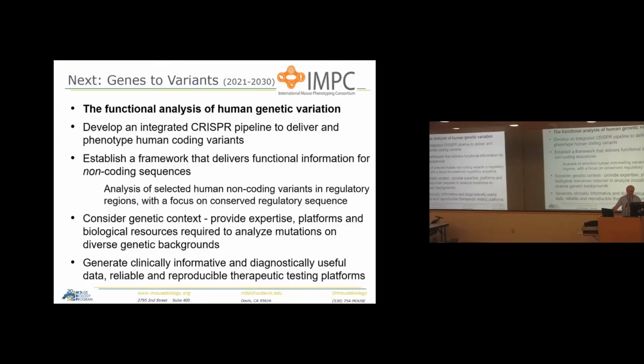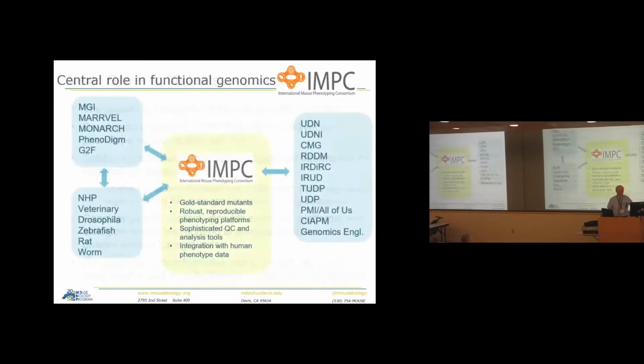And then finally, our idea is to generate clinically informative and diagnostically useful data and reliable and reproducible therapeutic testing platforms. Okay. So our ultimate goal is to really play a central role in functional genomics because it's a lot of data, and so these represent the major large mouse data repositories that are available.